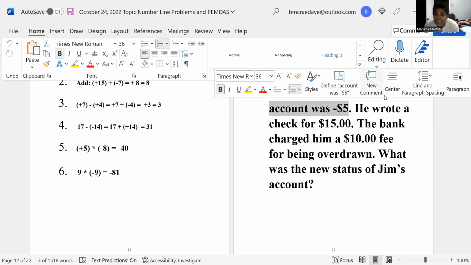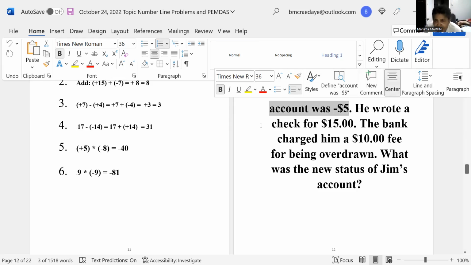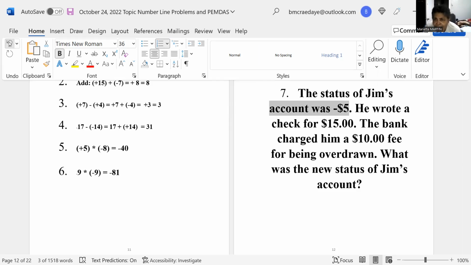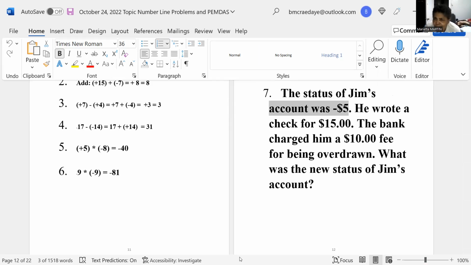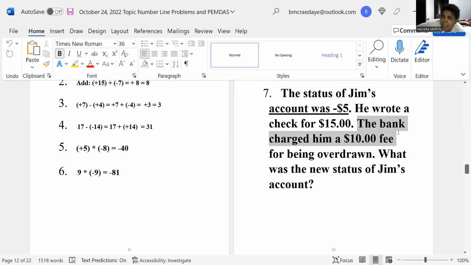The new status, let me see... The account is $5. He wrote a check for 15 and they charged him $10. So what's the new status? His new status is $5.